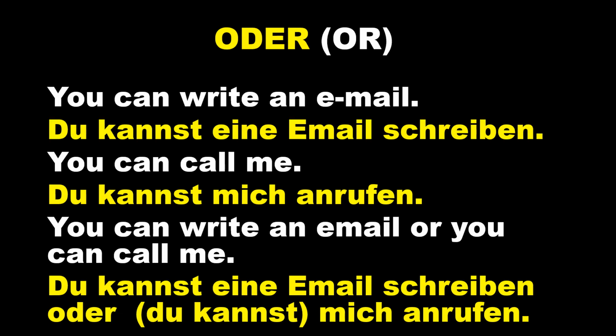Here again the subject we have avoided, because the subject is the same. Oder is also at zero position, and then comes the verb. We have avoided the second verb as well because it is also common here.